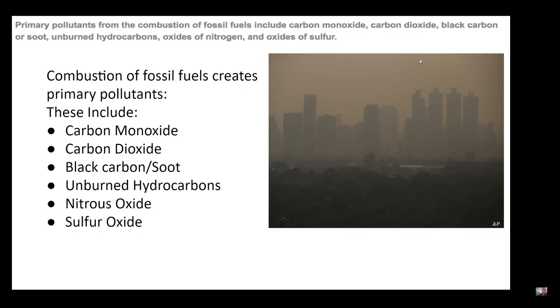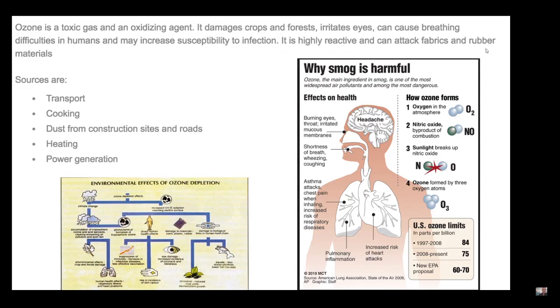Those are primary pollutants, meaning once they leave wherever we create them, either in the exhaust of cars or factories, they go up, and these are the first layer of pollutants that we experience. They go directly from car to our lungs, which makes them a primary pollutant. So have those in mind when you think about what a primary pollutant is.